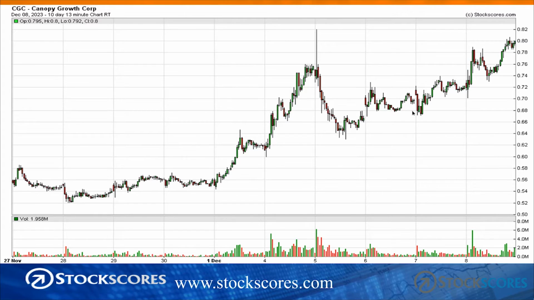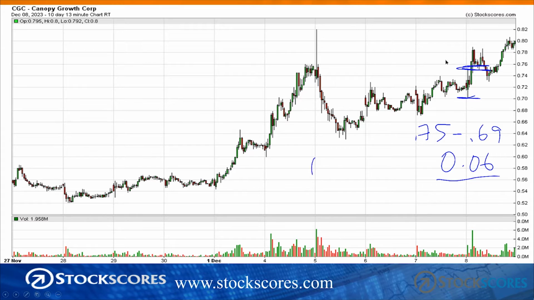So the first example I want to show you here is a swing trade that I did on Canopy Growth today. So the entry price was right here at about 75 cents, and the stop loss price is about there at 69 cents. So that meant the entry was 75 and the stop was 69 cents, which was 0.06, basically 6 cents per share in risk.